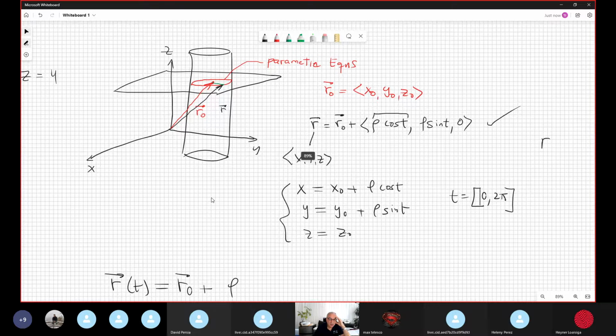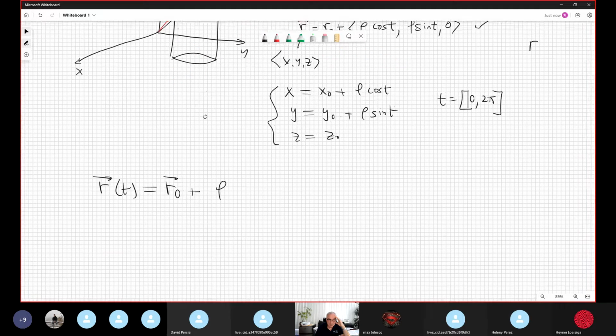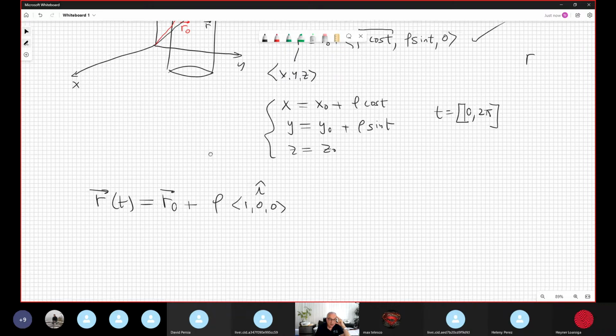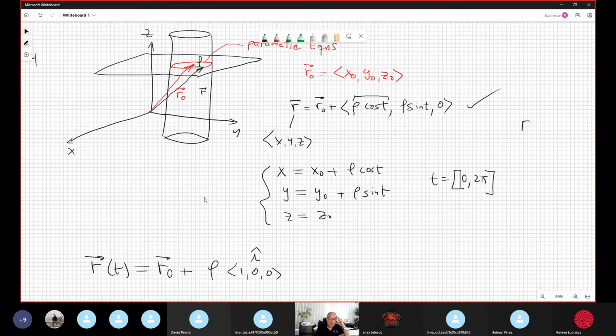I call another, or capital R, whatever, this is another letter, rho. Entonces, rho times 1,0,0, que es I. This is I, the classical orthonormal vectors. I is in the direction of the x-axis.